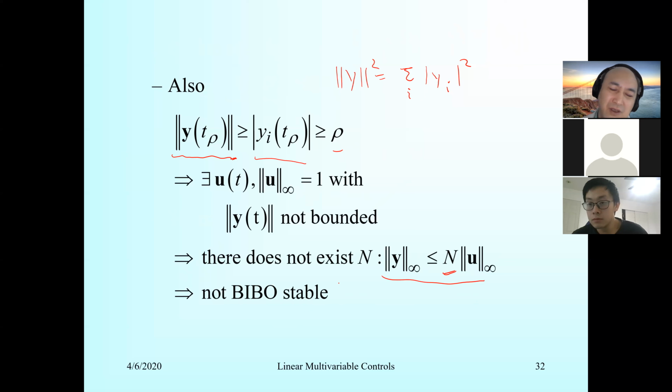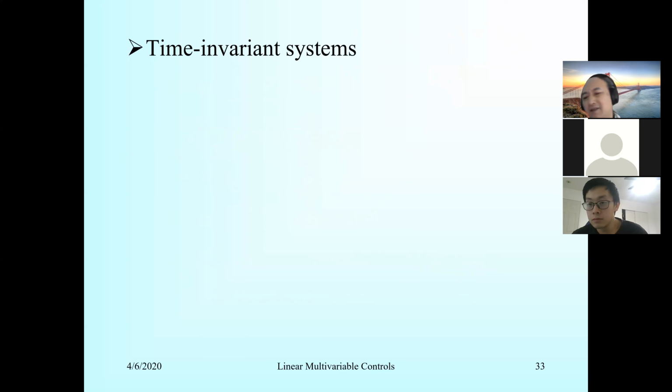It's contradicted with our initial assumption that the system is BIBO. So therefore, we say if the system is BIBO, then the G norm integral must be upper bounded. So that's for a general LTI system. I hope this is clear.